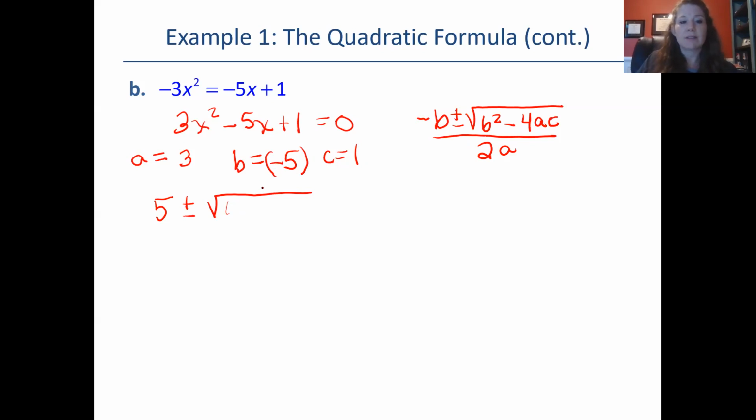So sometimes I square it in my head and put 25, but just so no one's confused, let's put b like it is and square it. That's going to be positive 25. So b squared minus 4 times a times c, and all of that over 2 times a, which is 3.